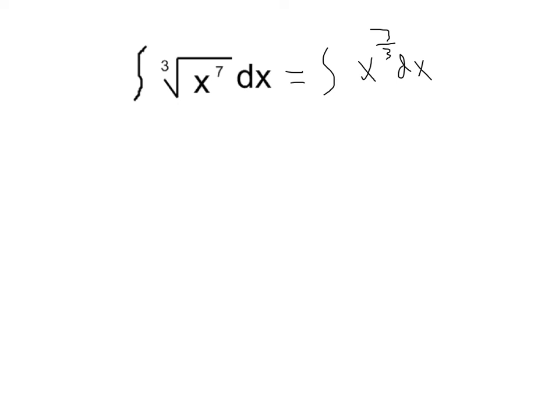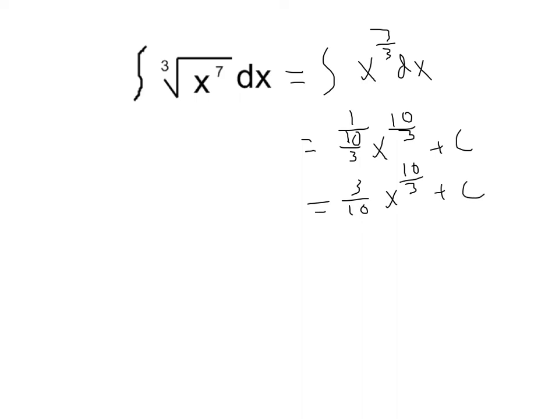So I do the unpower rule, or I add 1 to the exponent, and it becomes 10/3. And I take the old coefficient 1 and divide it by the new exponent, 10/3, plus c. Now obviously we're not going to write it that way. We're probably going to have, if I keep it, switch it, flip it, 3/10 x to the 10/3 plus c.